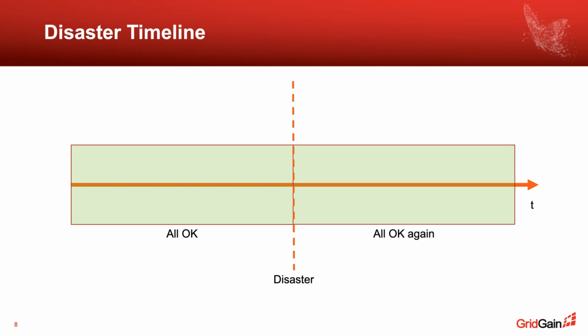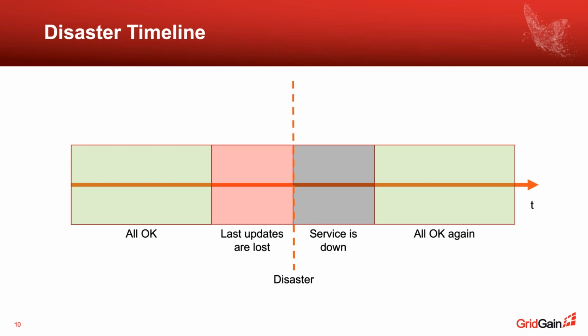First of all, you may lose service for some time after the disaster, and even after you have restored your service back to normal, you may observe some amount of data lost, and normally it would be the last updates that happened right before the disaster.